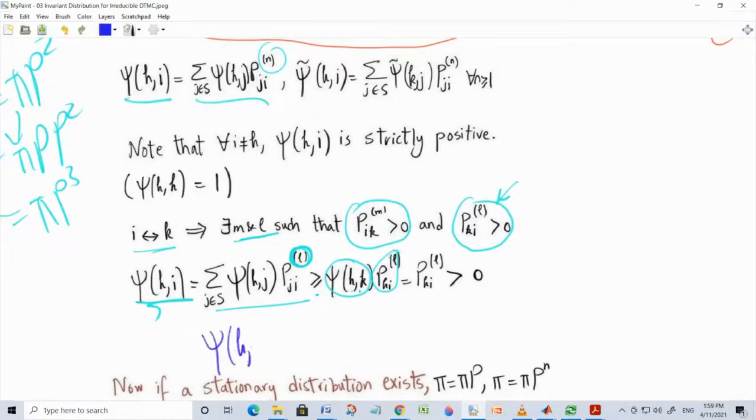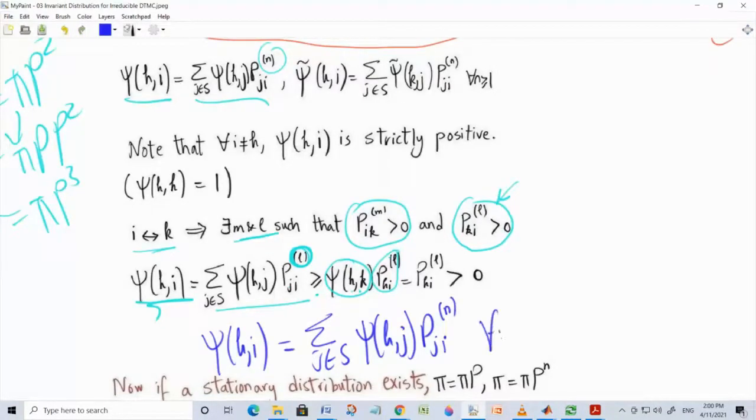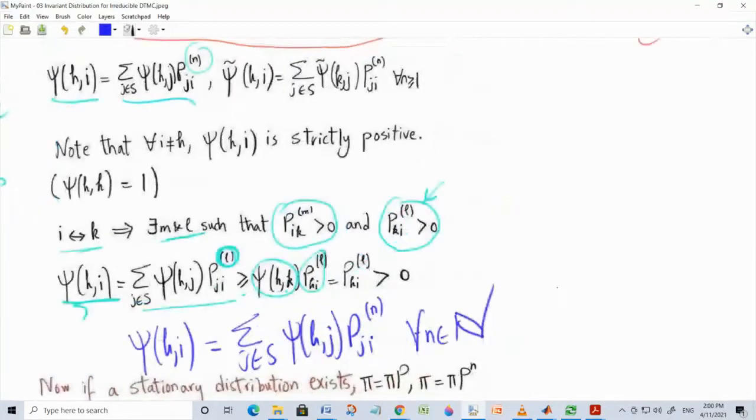So we have psi ki is equal to summation over j of psi kj b_ji of n for every natural number n.